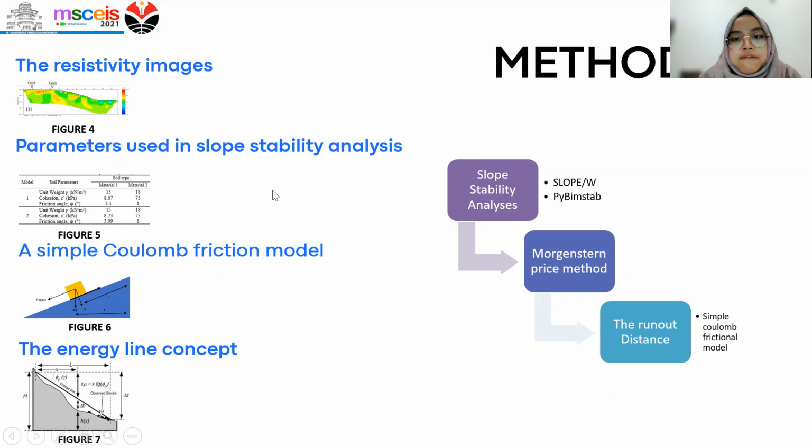After the slope stability analysis, the runoff distance was estimated using a simple geometric rule based on a simple column frictional model as shown in figure 6, and the velocity of the landslide is based on the energy line concept.